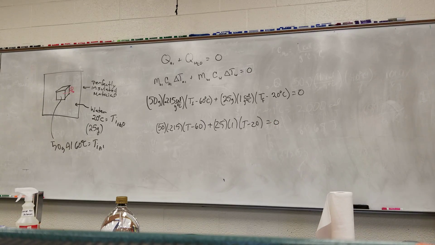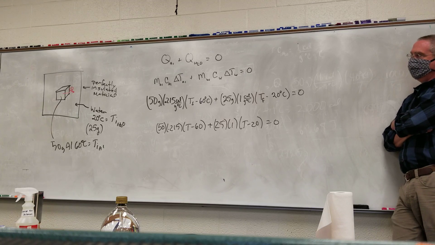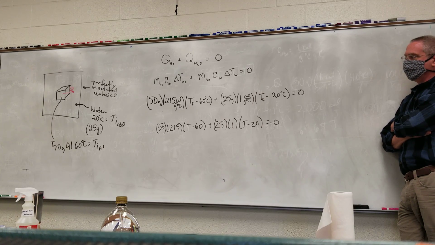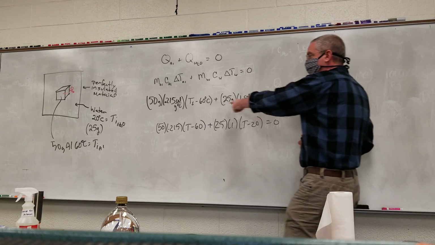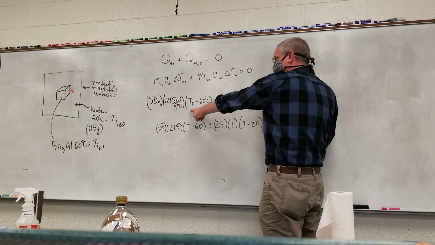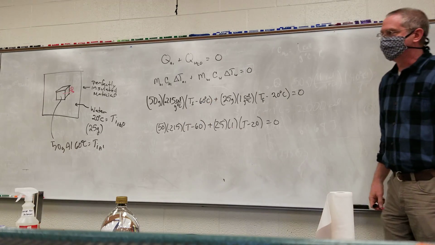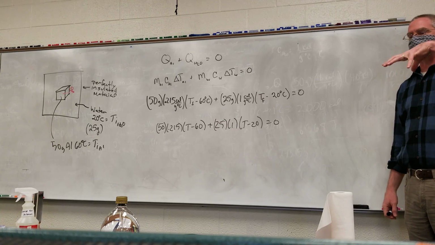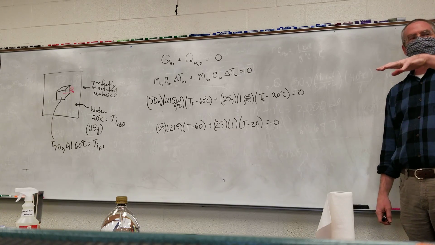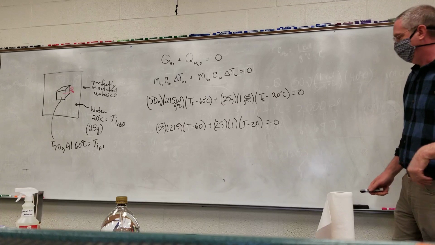That's the math problem. I do want to point out that our unknown, the TF here, my final temperature, it's the same for both. The aluminum is going to cool down until it's the same temperature as the water, or the water is going to heat up until it's the same temperature as the aluminum.